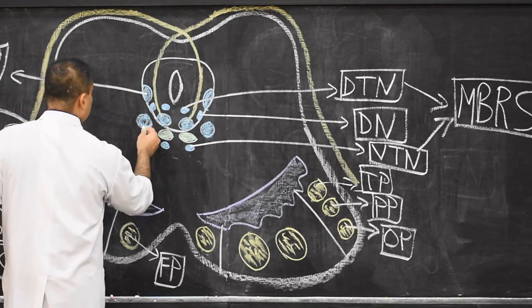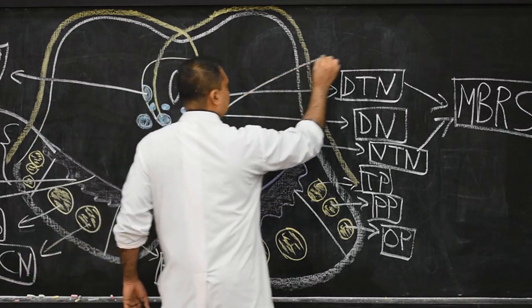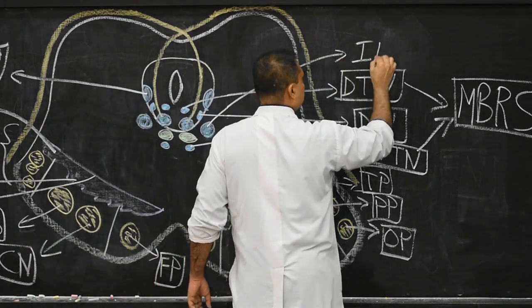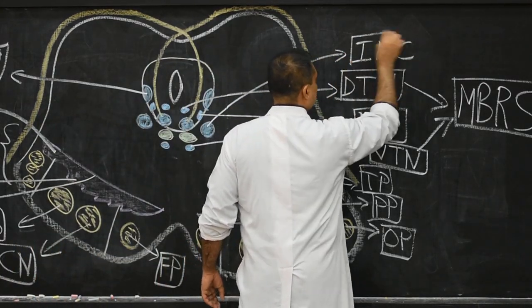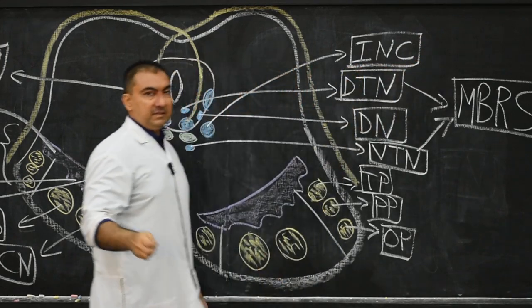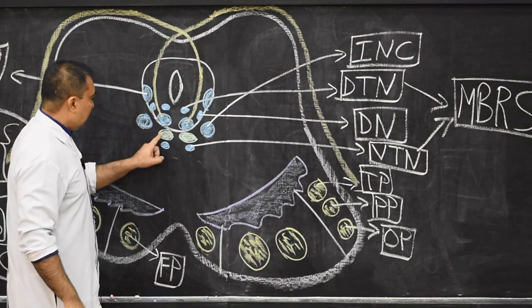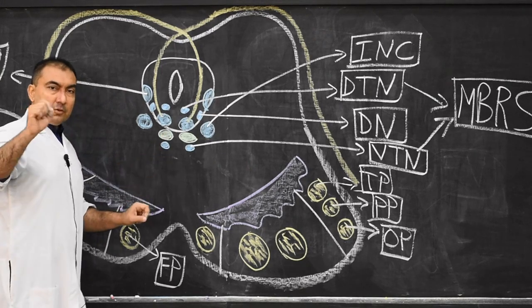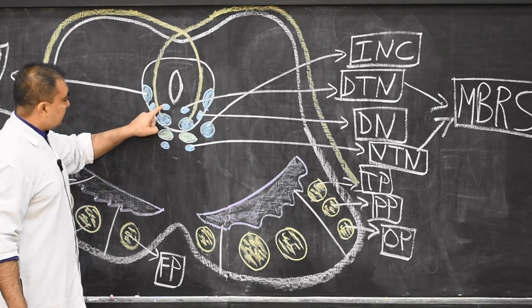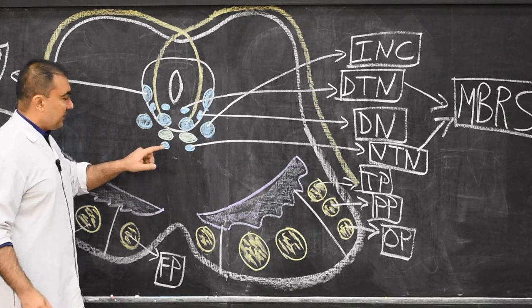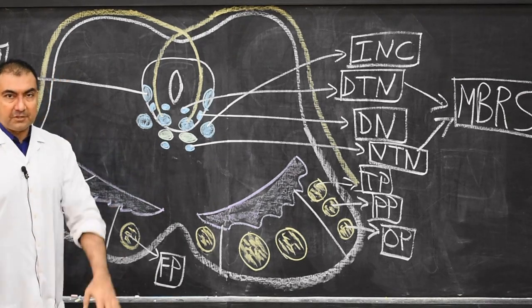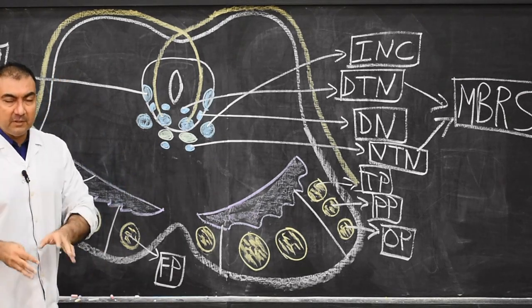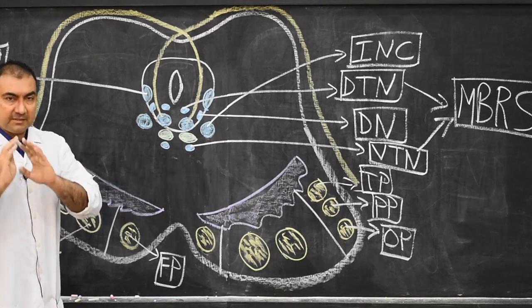So here I will just mark it as interstitial nucleus of Cajal. Now this interstitial nucleus of Cajal will send its fibers to medial longitudinal fasciculus. Now note down one thing, since the dorsal and ventral tegmental nuclei will form the midbrain reticular formation, midbrain reticular group of nuclei or midbrain reticular system.